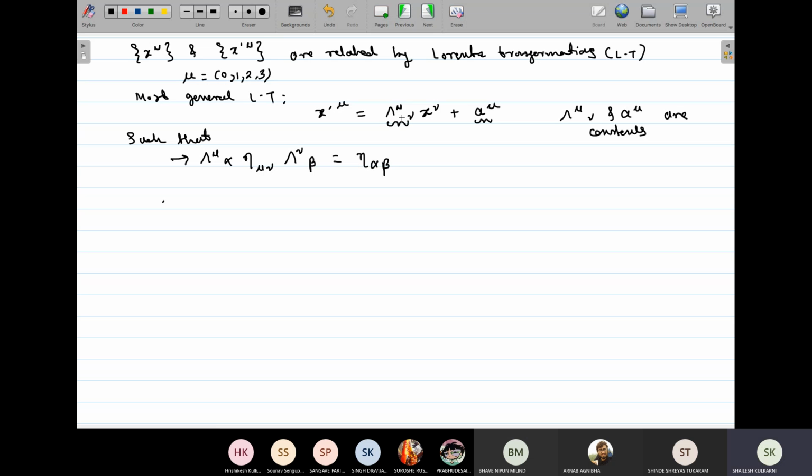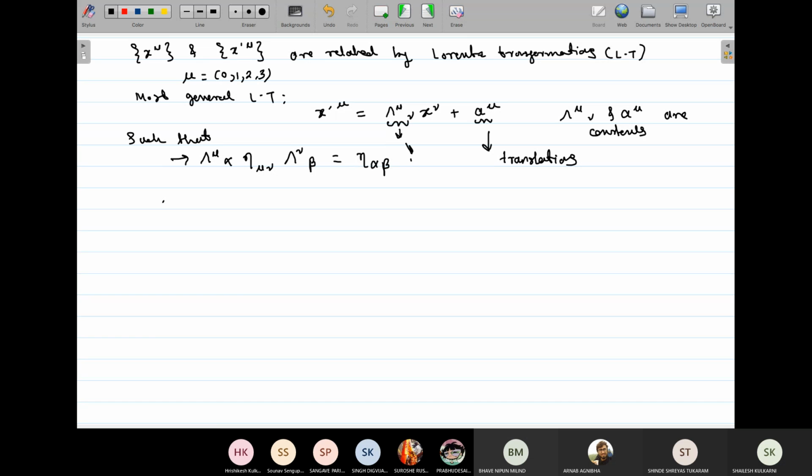If I set lambda equal to 1, the identity transformation, then lambda mu nu becomes just delta mu nu, and x prime mu equals x mu plus a mu. So these represent just translations. We'll see that again. This represents translations, and these are your familiar Lorentz transformations.